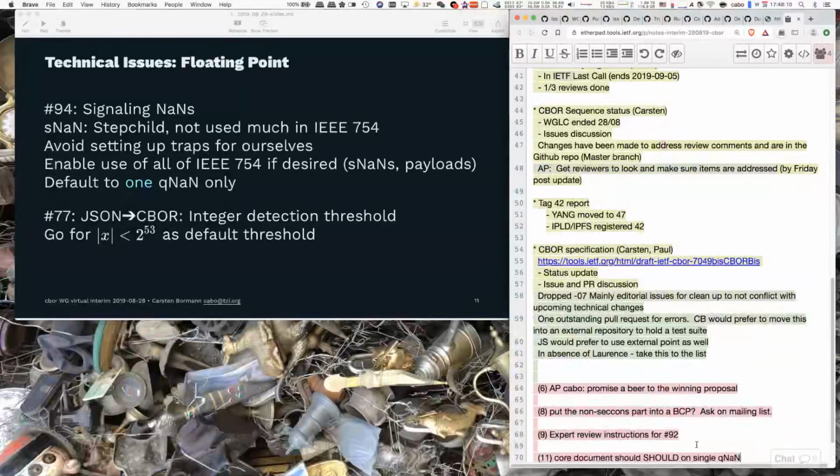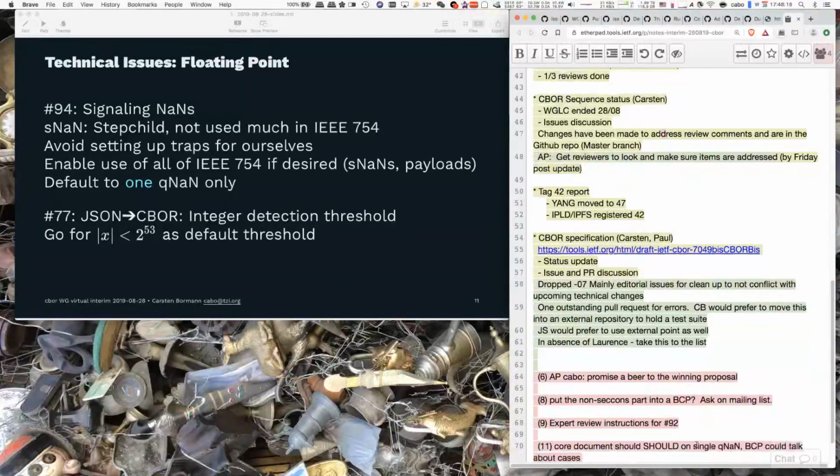Yes. Having a BCP document helps us spot some of these issues. But we probably want to have a short sentence in the core document that qualifies that should, because otherwise we get it back from the IESG. But the expansion of that short sentence, that could be in the BCP.